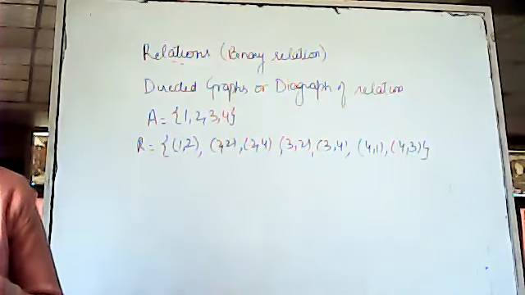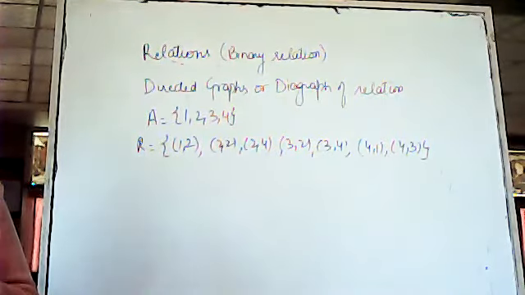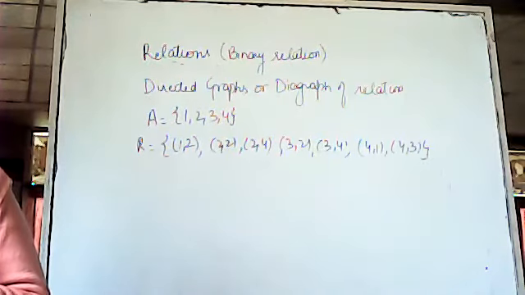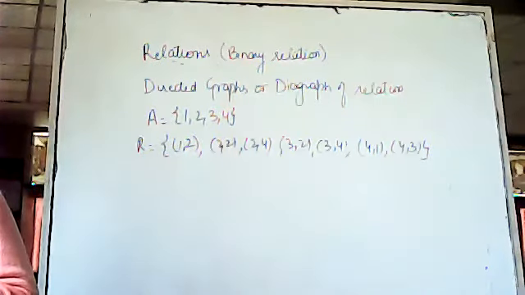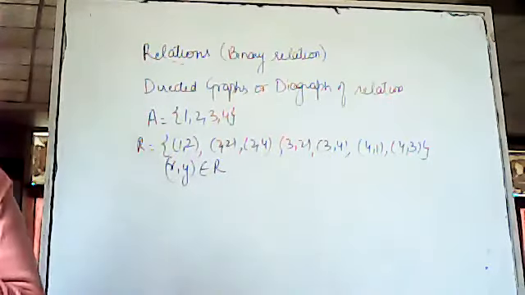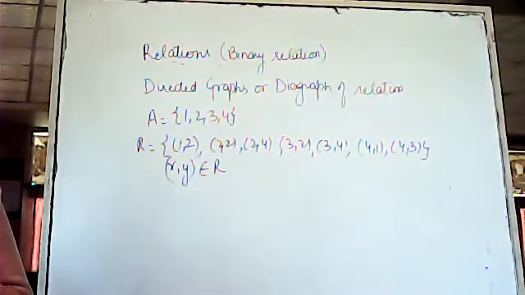To find the directed graph of R, write down the elements of A. Draw an arrow from an element X to an element Y whenever the ordered pair XY belongs to relation R. Please wait बेटा, मैं इसको खत्म कर लूं पहले.